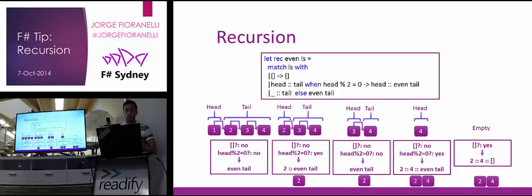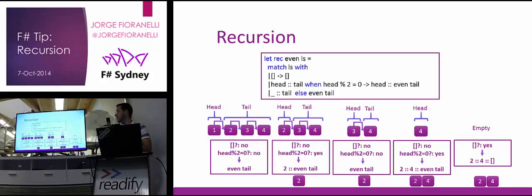No, it's not empty. Okay, is the head even? No, because the head is number 1. So then we go to the last step here, and we call the same function again without carrying the head. Now the head is number 2, and we call this again. Is the list empty? No. Is the head even? Yes.